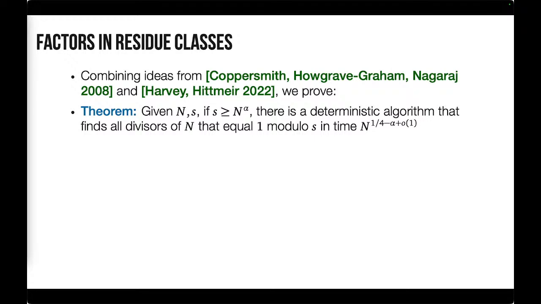Now the running time is N to the 1/4 minus alpha. So it interpolates between the case alpha equals 1/4 and, as alpha gets smaller and smaller, the running time becomes larger, but also the guarantees are weaker.